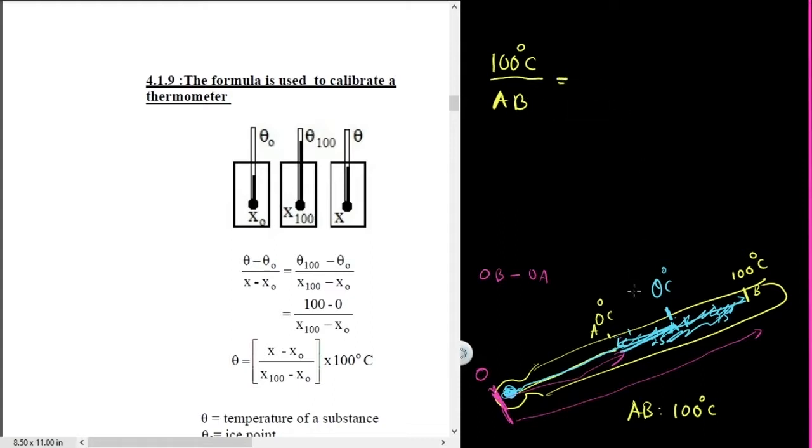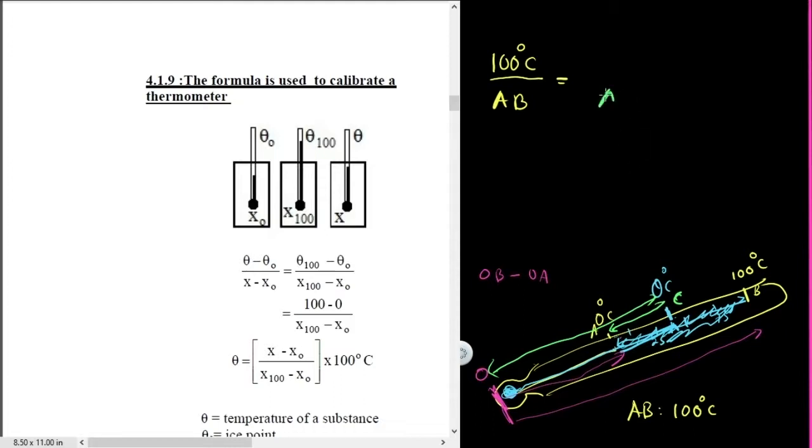So let's say we want to get this value of theta. Let's try to find out. We can measure the length from O to, let's say, point C, or we can measure the length from A to C. How do we get A to C?